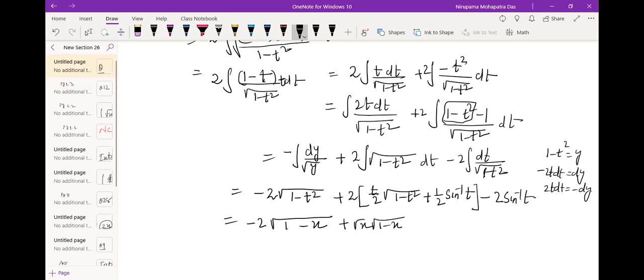Then here you can have plus sine inverse t, meaning sine inverse root x, minus 2 sine inverse root x, plus constant of integration. So these are some of the questions that I'm sure will help you. So 7.7 is over now.